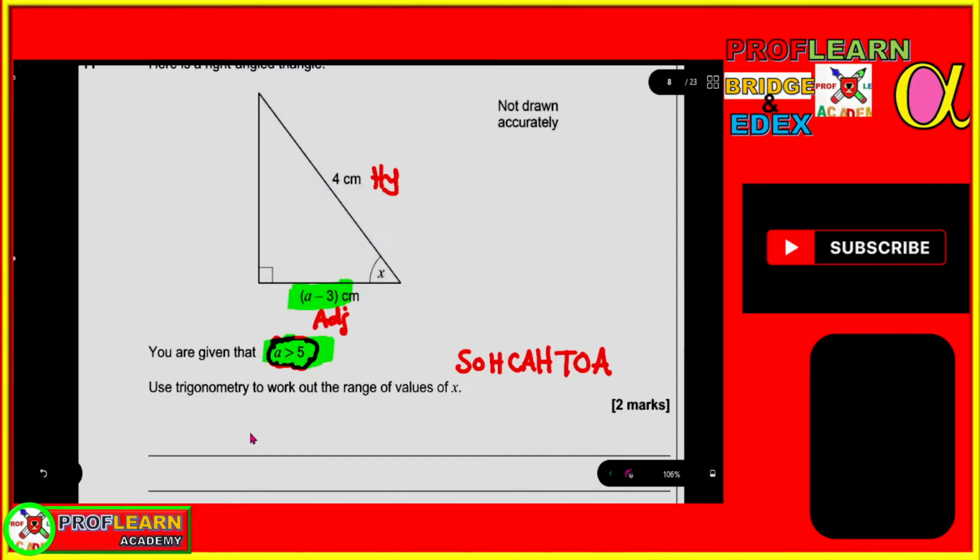All right. So in this case, we are going to say adjacent over hypotenuse. What will that give us? Which trigonometric ratio is that?